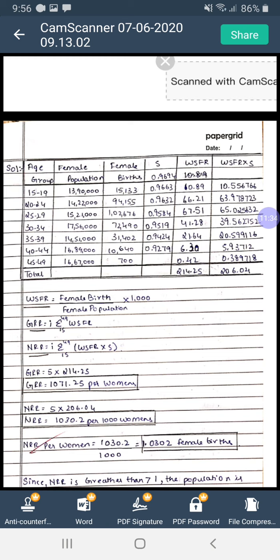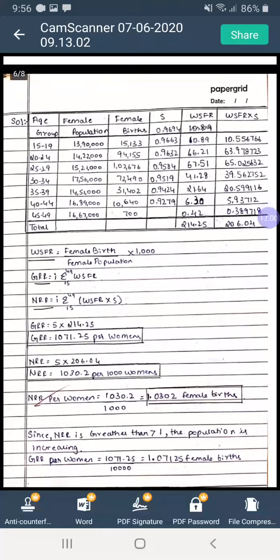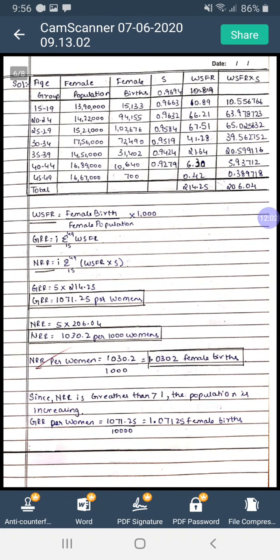First you will find out WSFR, and add that. Next you will find WSFR into S for net reproduction rate. For gross reproduction rate you will take only WSFR, and for net reproduction rate you will take WSFR into S. And see here, there is a clear calculation of everything, where they have compared both.